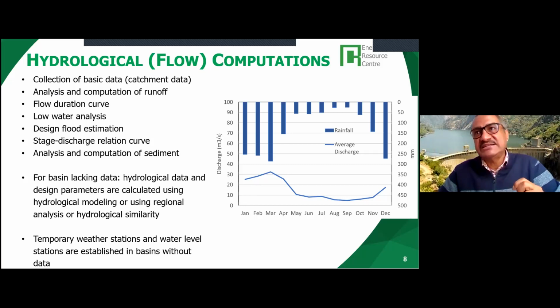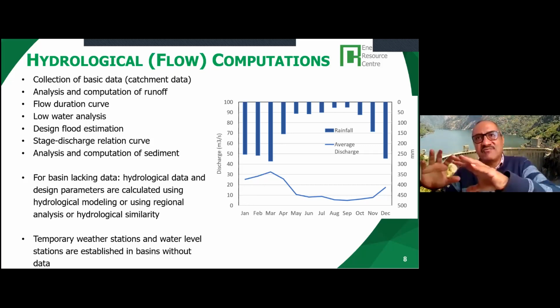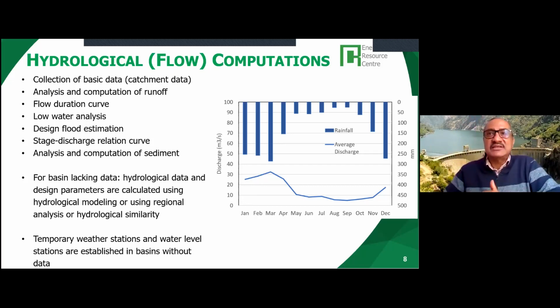On the right here, this is data of a catchment on the border of Malawi and Mozambique. And you can see that the rainfall varies, as I showed. It rains from, let's say, November, December till April. So the flow is higher in February, March, but reduces, and the minimum flow is around September.